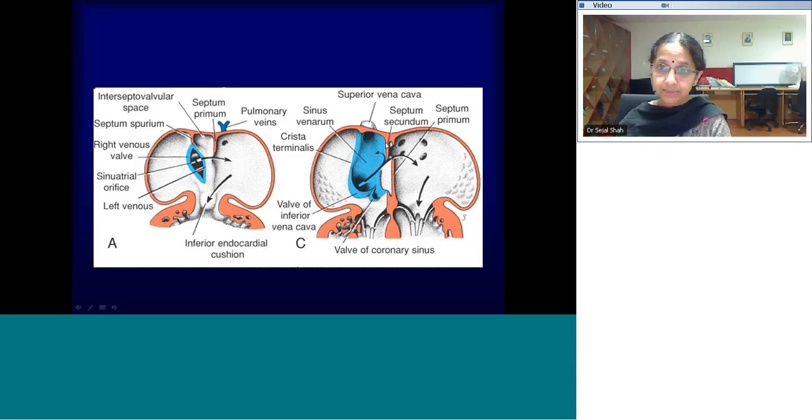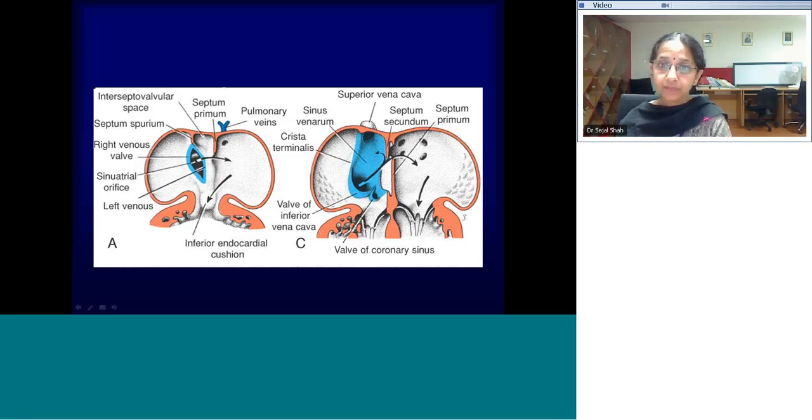The septum secundum then grows down but does not completely fuse with the septum primum. So it creates a flap, and this flap continues to take blood during pregnancy from the right atrium to the left atrium. This is called the foramen ovale. You can see here that the foramen ovale has the flap moving on the left atrium, and this is how you would differentiate the left atrium from the right atrium.